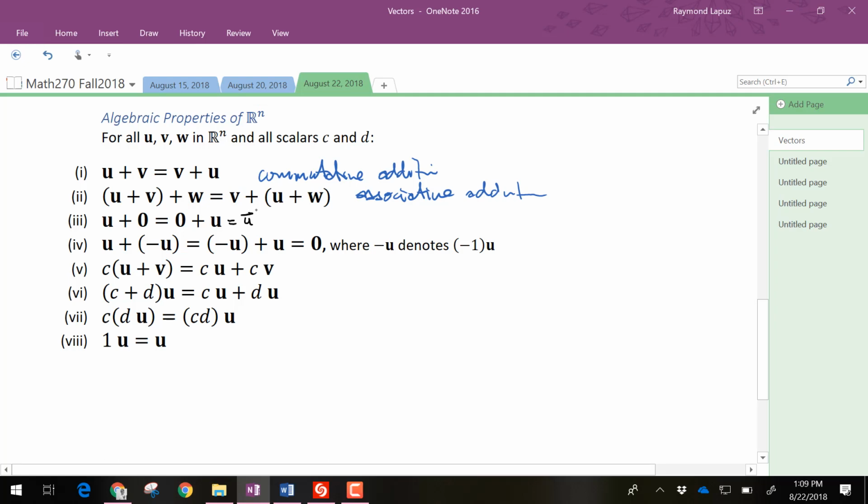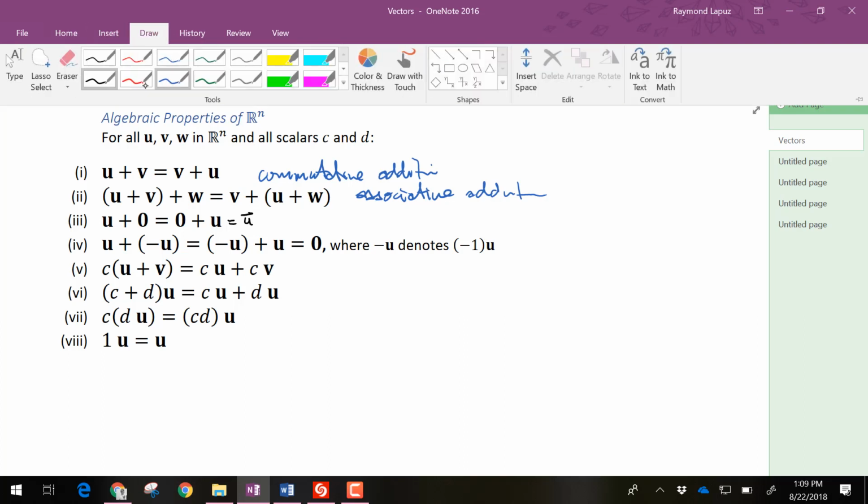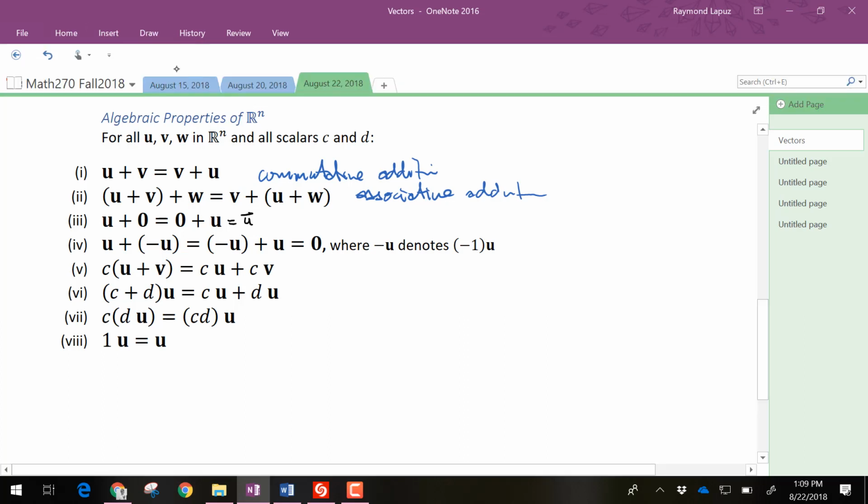So when we add a zero vector to a vector, you're going to get the original vector. That's another important property, called the additive identity property.